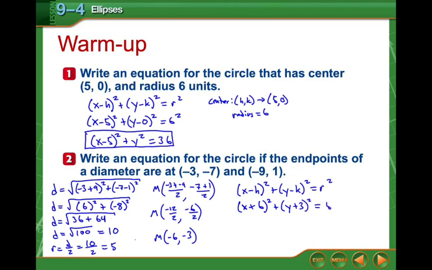And r is 5, so the only thing we can simplify is to square the 5. So x plus 6 squared plus y plus 3 squared equal to 25. And that is our equation for our circle with a diameter that has endpoints -3, -7, and -9, 1.